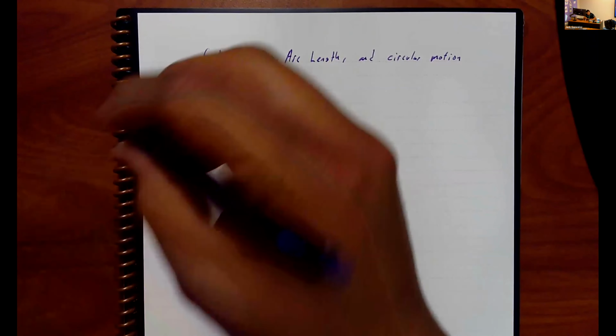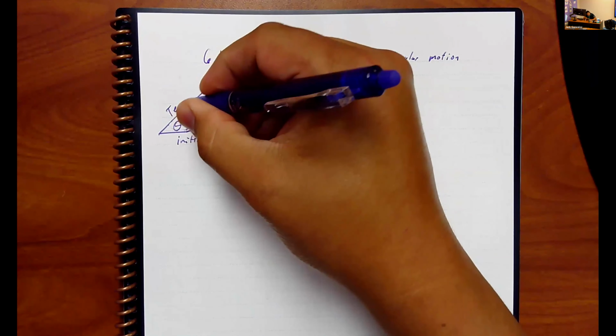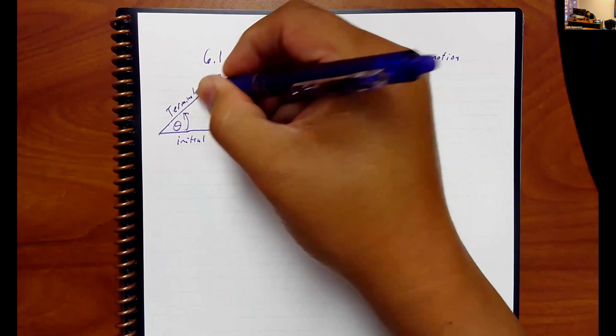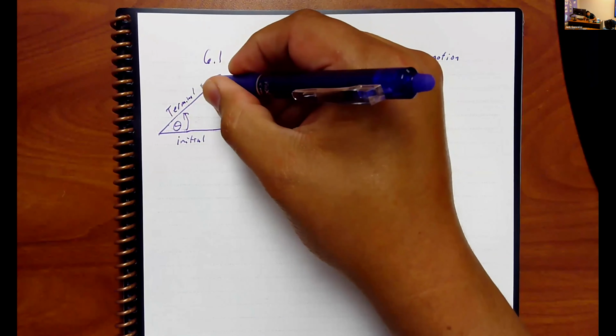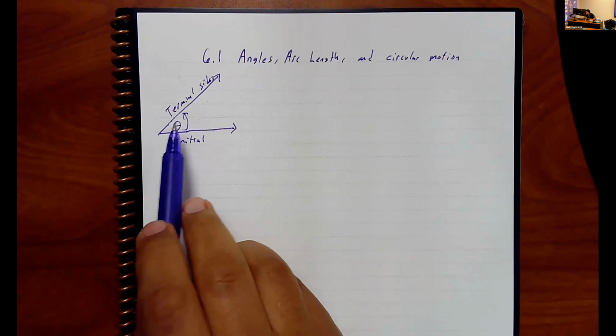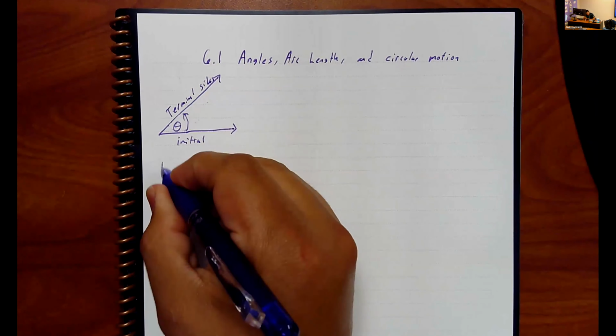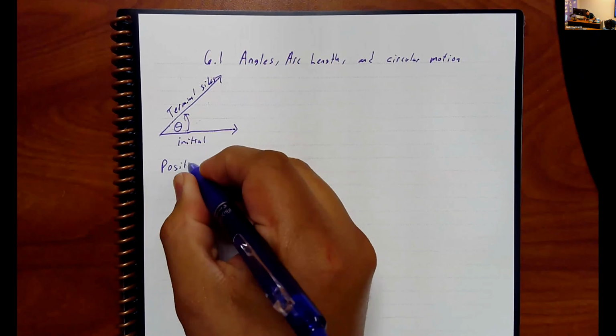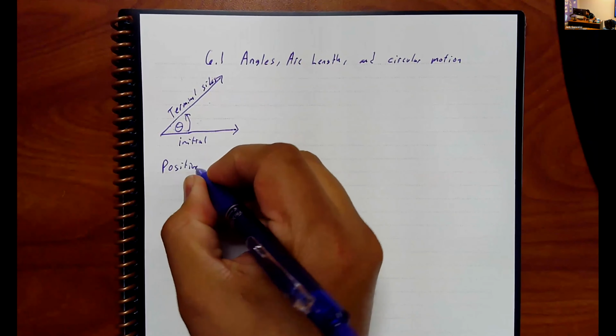Like this. This we'll call the terminal side. So if you are swinging this way to the left, then you have a positive angle. So positive is counterclockwise.